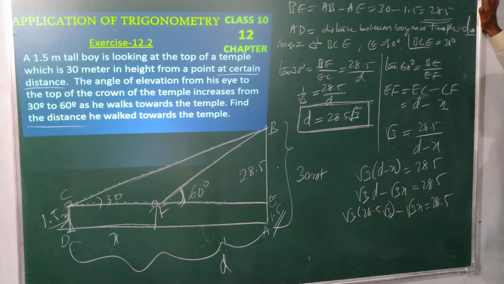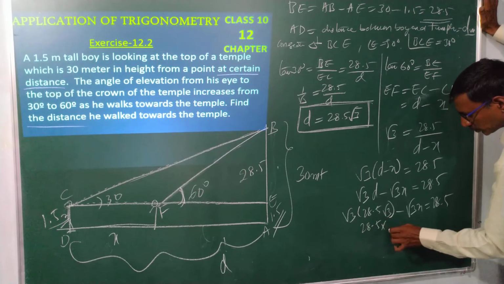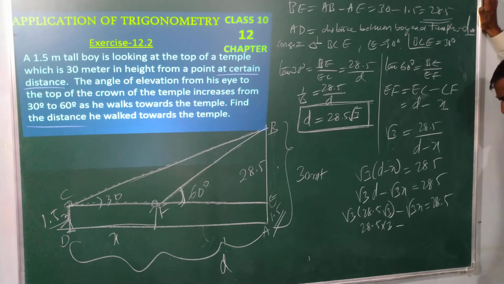Root 3 into root 3 is 3, so 28.5 into 3. Moving terms across, 28.5 into 3 minus 28.5 is equal to root 3X.